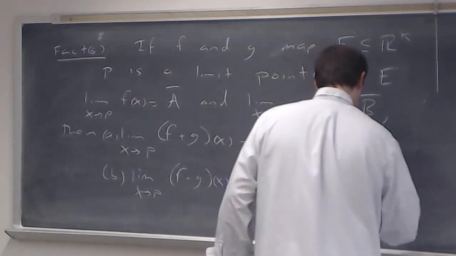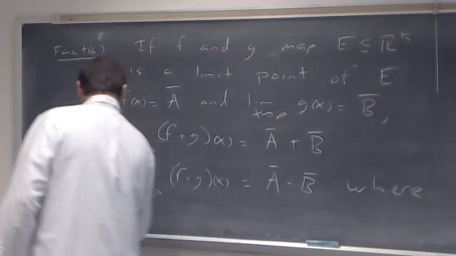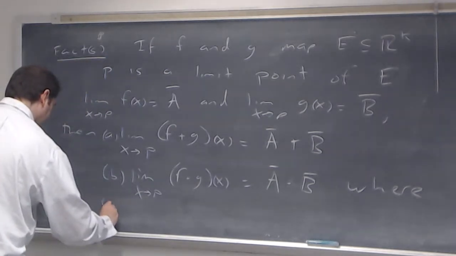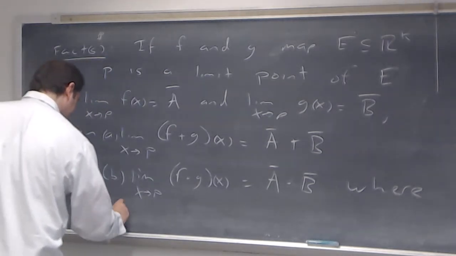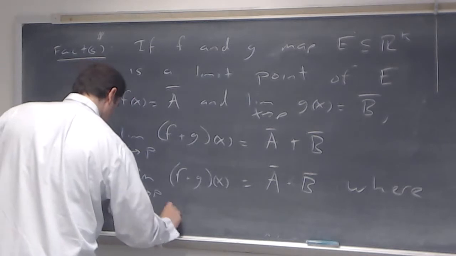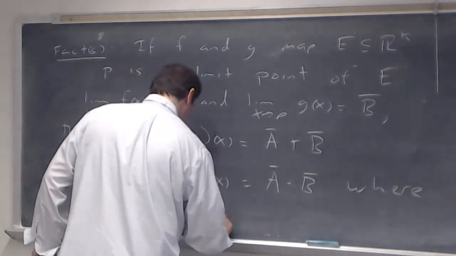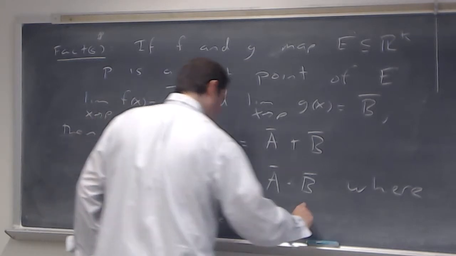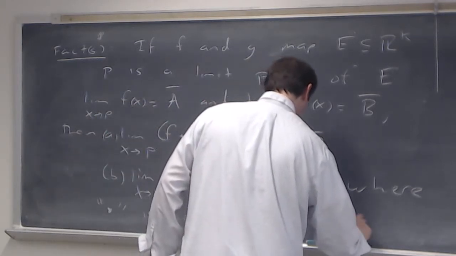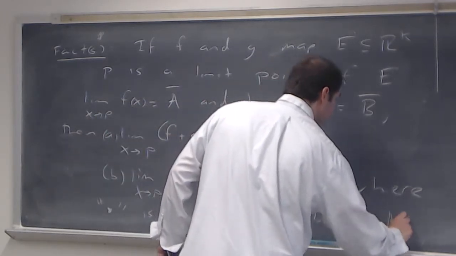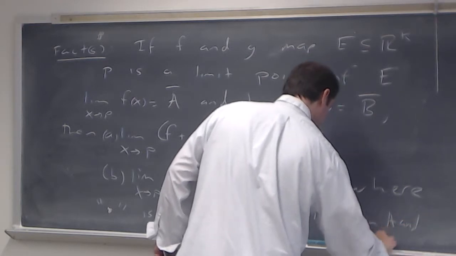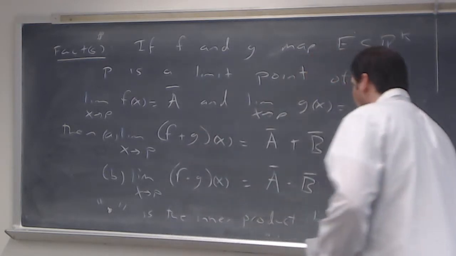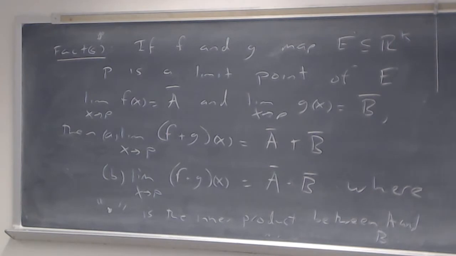The dot represents the inner product between A and B. That's not something I'm going to prove, but it is a true statement.